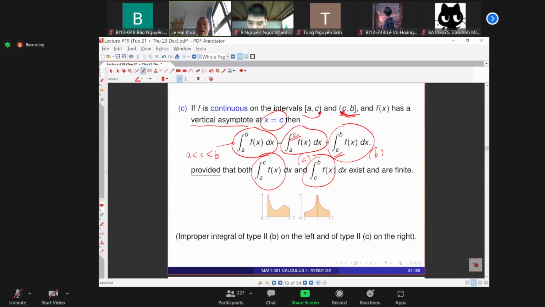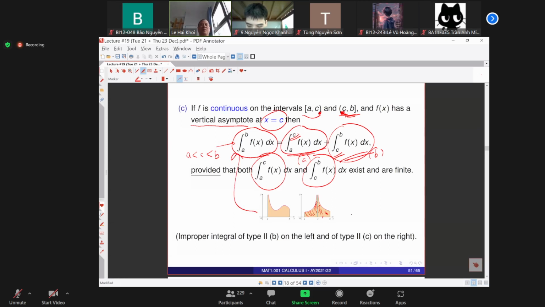Understand? It is quite similar to type 1, when you have both ends infinite. You split into two integrals of the previous kind, A and B, and apply that. For example, in this case you have c, the function like that. You compute the left part, and then you compute the right part. If both converge, you can add them to get the integral from a to b.